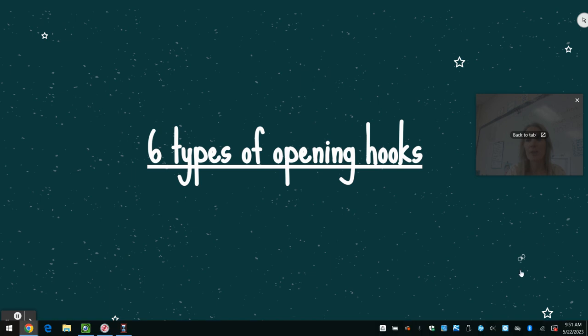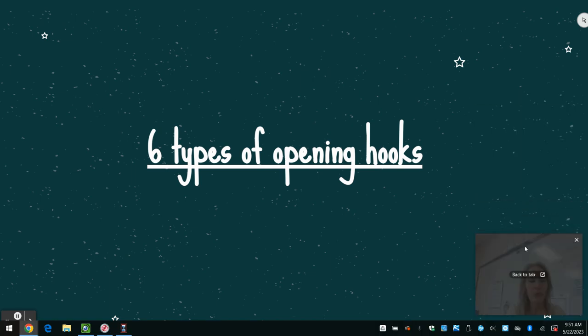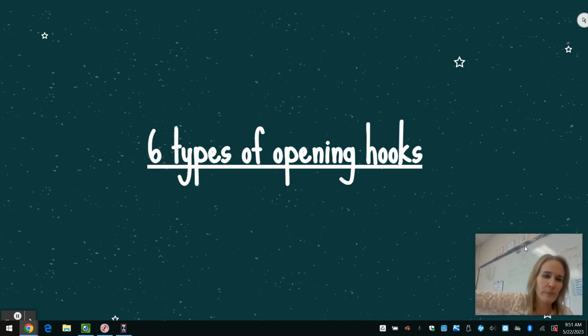Okay, so there are 6 types of opening hooks, and if you look in your notes that we just glued in, these are in your journal. The 6 types of hooks are right in the dark box. If you forget and you need to look them up, you also have this mini lesson in your Google Classroom.